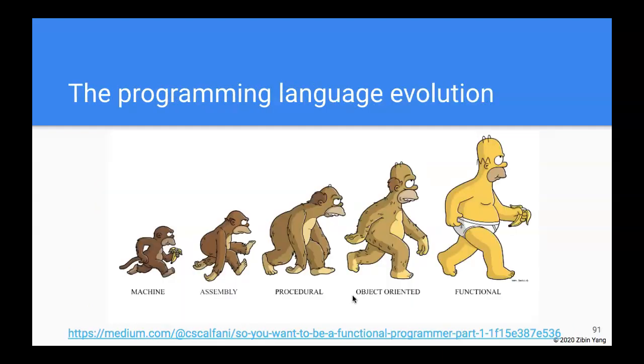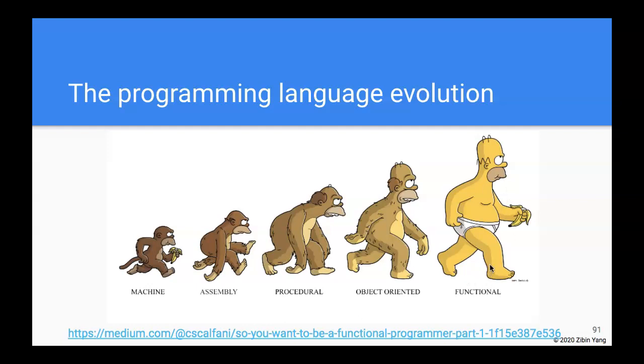And this is a cartoon that I always like to show when I talk about functional programming. Most of you probably didn't have to program in machine language or assembly language, but you definitely have done procedural programming, and you're studying object-oriented programming, and now you're hopefully well versed in functional programming.